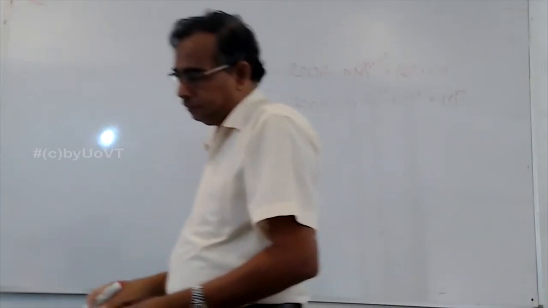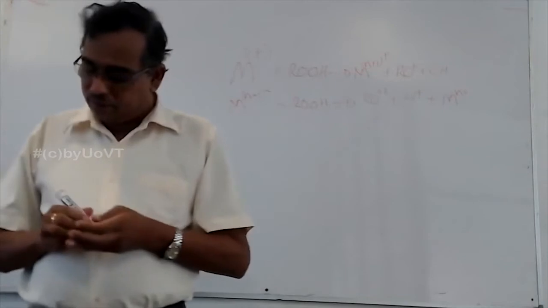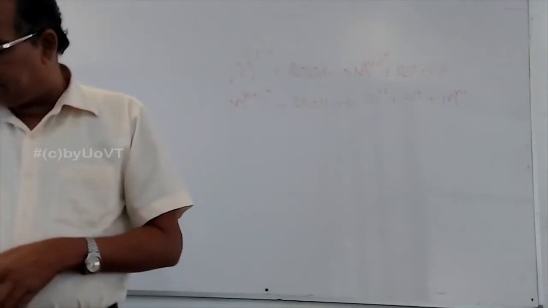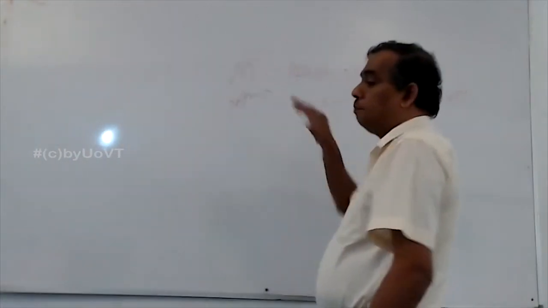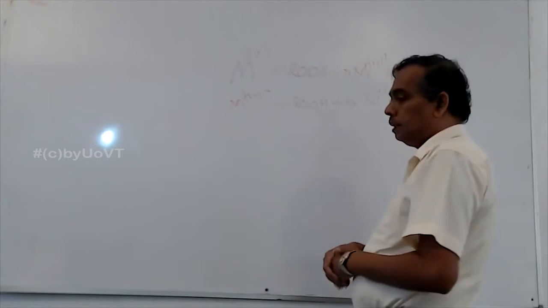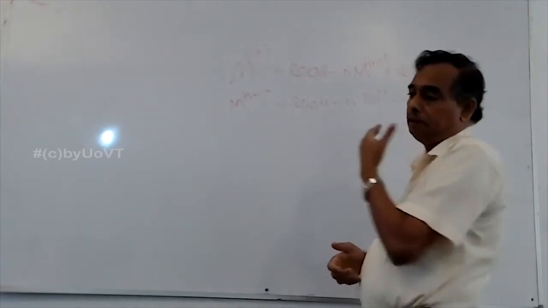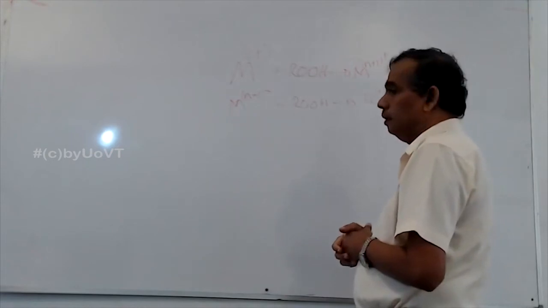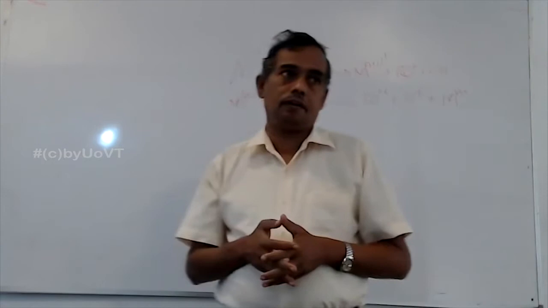Now you can think. Initially, there is a formation of M^n+ due to the heavy metal. If heavy metals are there, you can observe the formation of this ion. Then there is peroxide in the system.